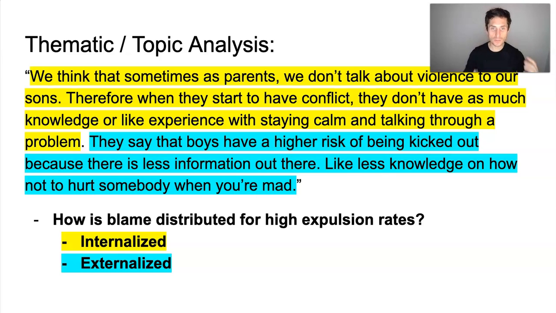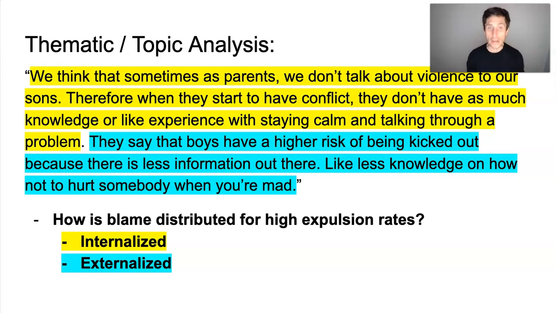So we could divide this by lumping together things like risk, or things like conflict avoidance strategy, into internal factors or external factors. This might be a way in which we come to a deeper understanding of what it means for this parent to come up with an explanation around, say, violence in a particular school.